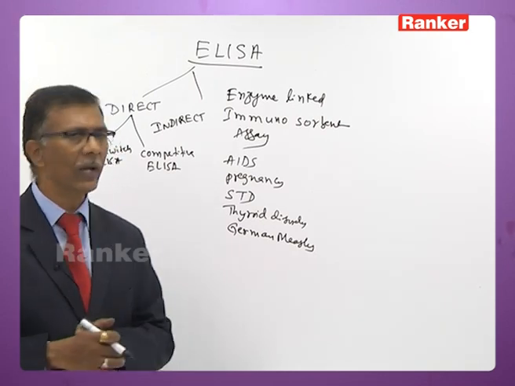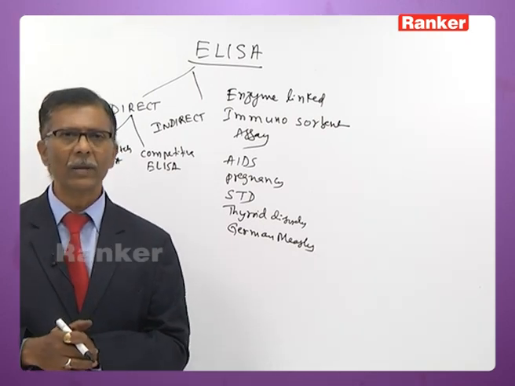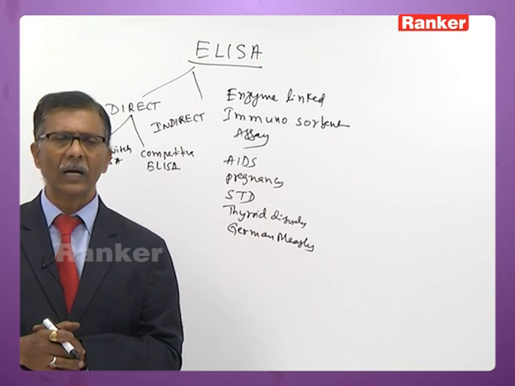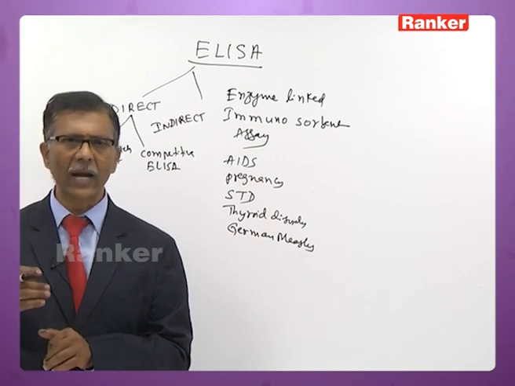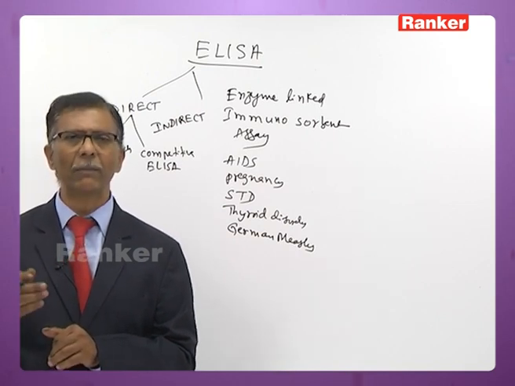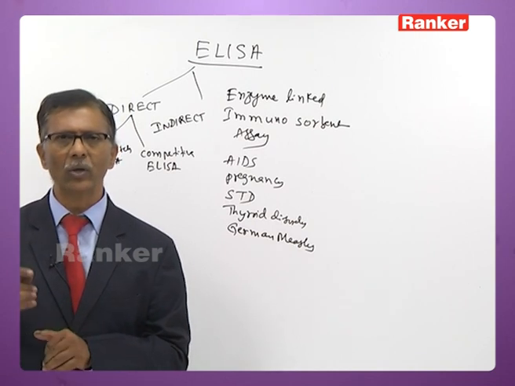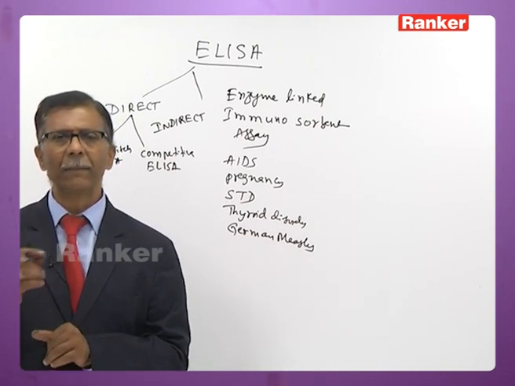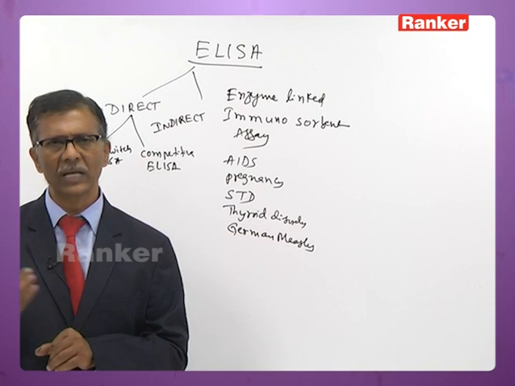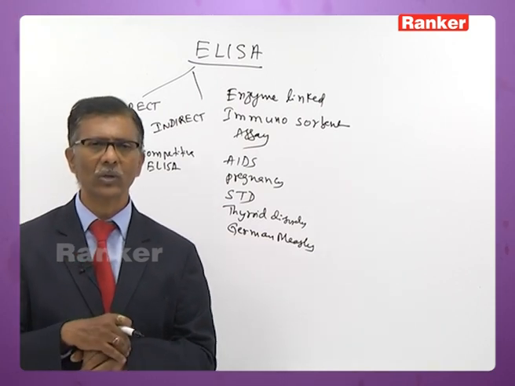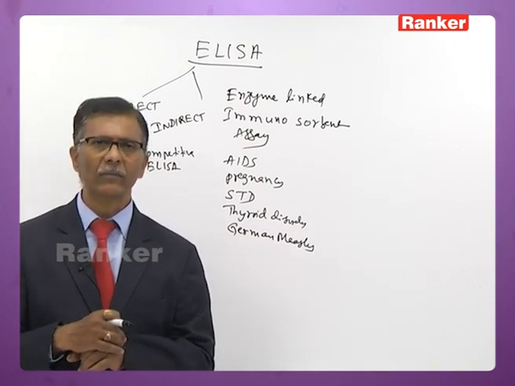In case of competitive ELISA, there will be competition between two antibodies, that is primary antibody and secondary antibody. Both of them compete with each other to occupy the epitopes of the antigen. Mostly competitive ELISA is used to confirm the pregnancy.